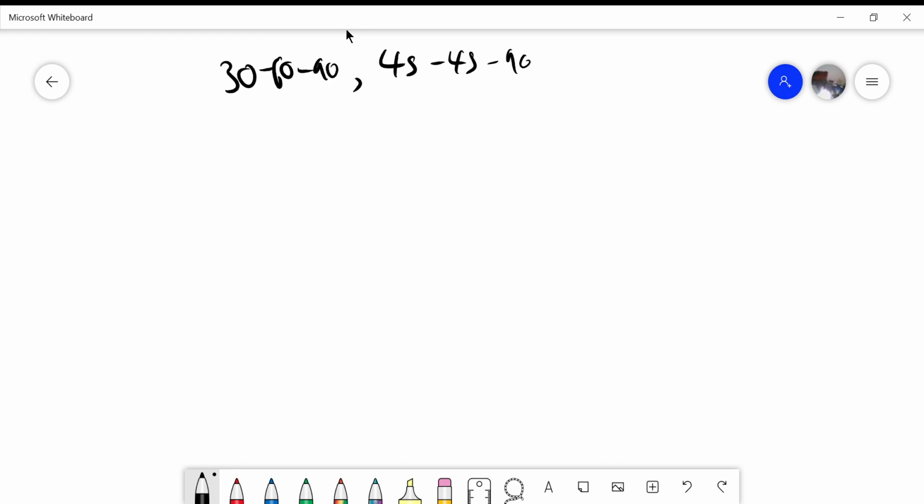And we were able to calculate the values of sine of 30, cosine of 30, tangent 30, and this is also going to be 60.